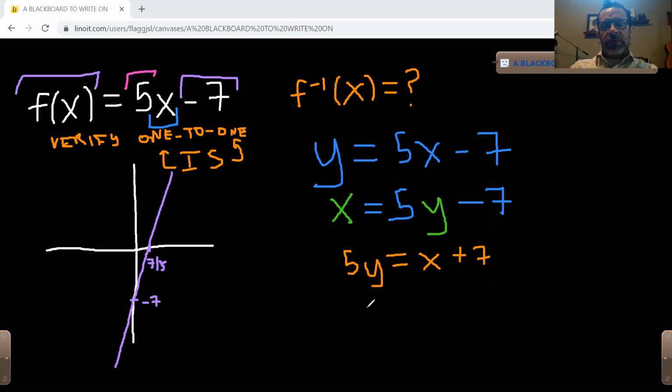And so this means that y equals x plus 7 divided by 5. This expression that I found, this is the inverse of the original function.